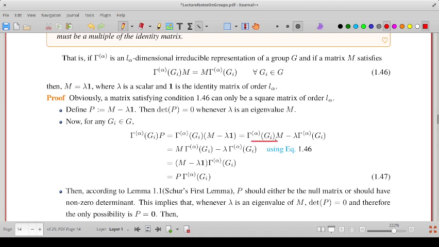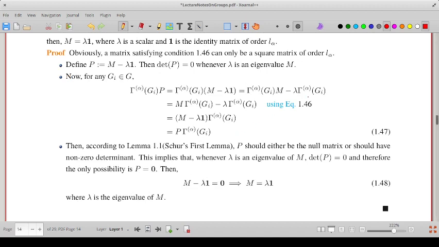So that means this is equal to M gamma alpha Gi. So we replace this by M times gamma alpha Gi, and the second part remains the same. But then this can be written as M minus lambda times identity matrix times gamma alpha Gi. But M minus lambda times identity is again P, and therefore we see that gamma alpha Gi times P is equal to P times gamma alpha Gi.